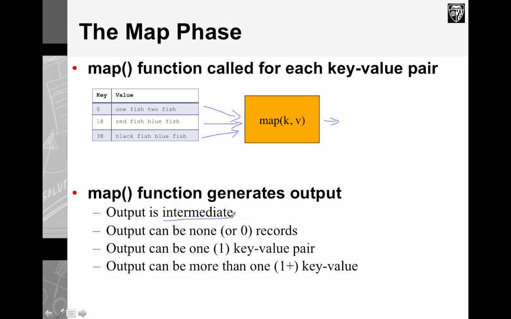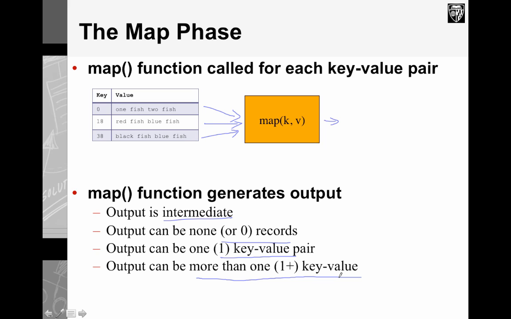That's not the real output of the job. The map function has the opportunity to generate 0 records. In other words, it may take a record and generate no output, or it can take the input and generate only one key value pair, or more than one key value pair as the output.